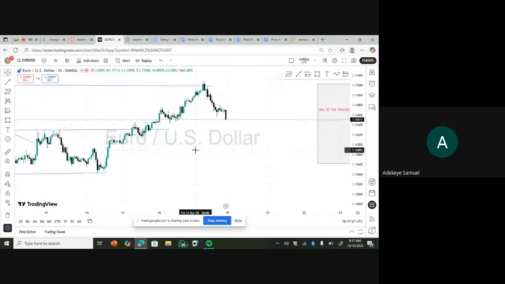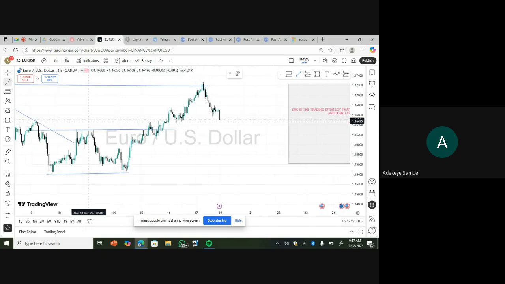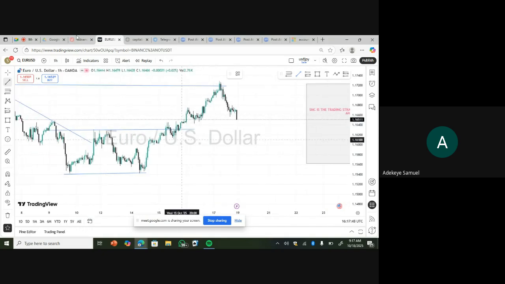Now, how can I identify the structure of the market? You can understand the structure of the market by using your trend line. This is my trend line. After you check your 1 hour, the market looks like an uptrend market here.